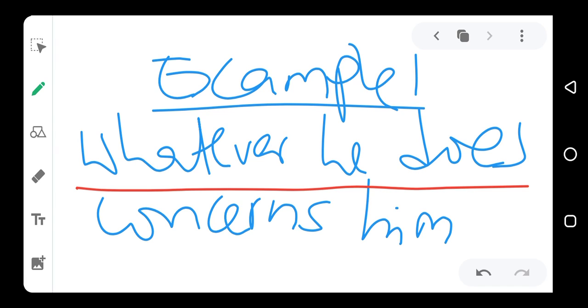Therefore, this part of the sentence is a noun clause, because we have identified it using a pronoun to test whether it still retains the same meaning or not.